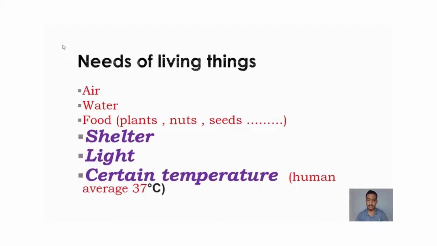First, every living thing needs air. Believe me, without air we can't stay alive. We need to breathe in oxygen and release carbon dioxide, and then we can stay alive. If we don't have air, we will die. Every living thing needs water too.